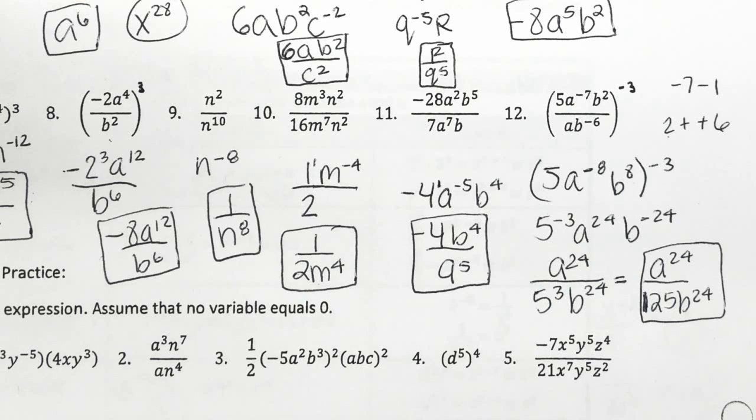If you distribute the negative 3, this would be A to the what? 21, right? Negative 7 times negative 3, A to the 21, B to the what? Negative 6 over. And on bottom we'd have A to the negative 3, B to the 18th. And then you can simplify it that way.